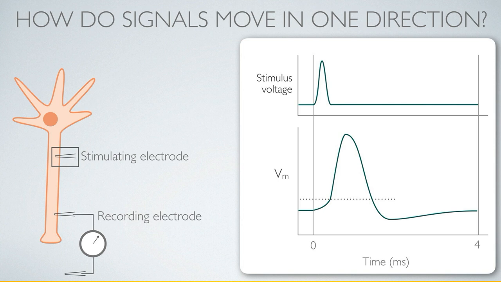Now, let's do an experiment where we give it just enough of a stimulus to create a small depolarization. And that small depolarization is only barely sufficient to create an action potential that we're going to see at the recording electrode. And then we're going to do that a second time.